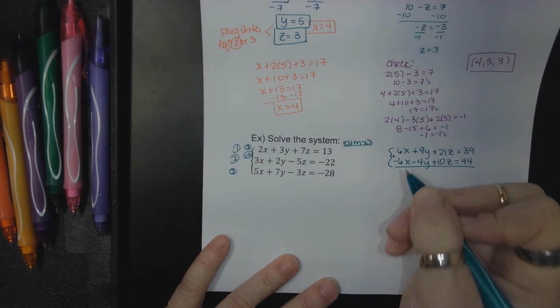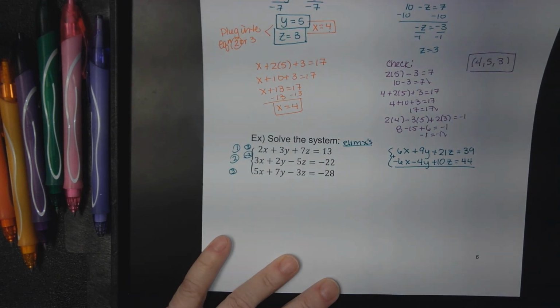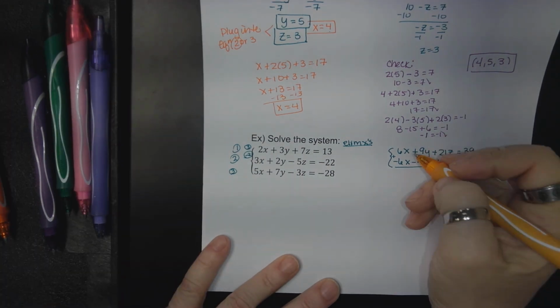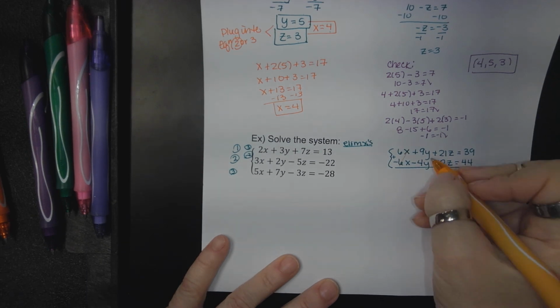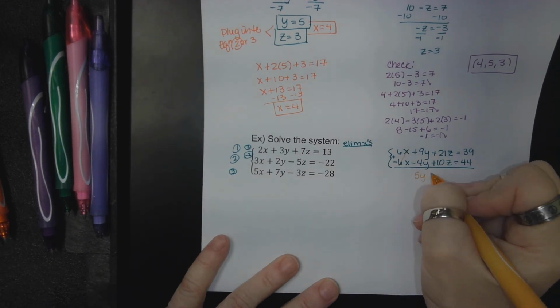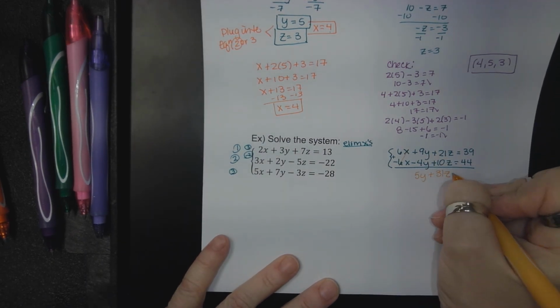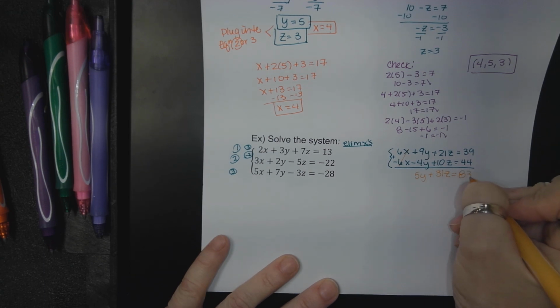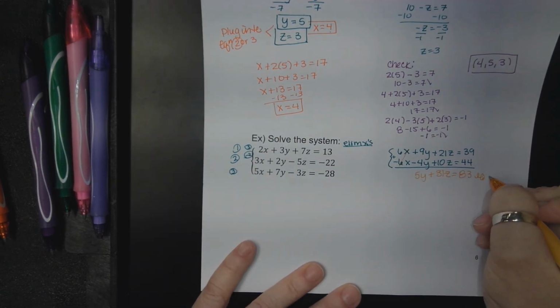Remember, always pluses are operation. These guys cancel. This gives me 5y plus 31z is 83. So this is my equation. Ooh, that's a Q4.